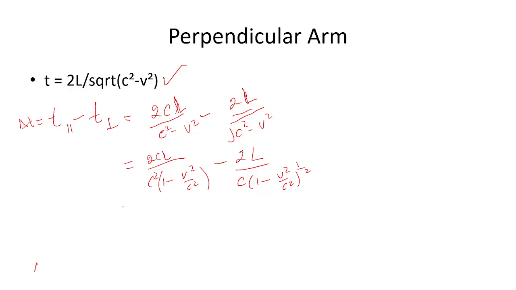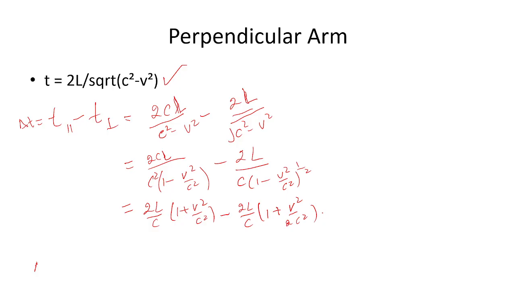So now we can write it 2L over C, and using the binomial theorem we have this 1 plus V square over C square, and minus 2L over C, this is 1 minus V square plus V square over 2C square.